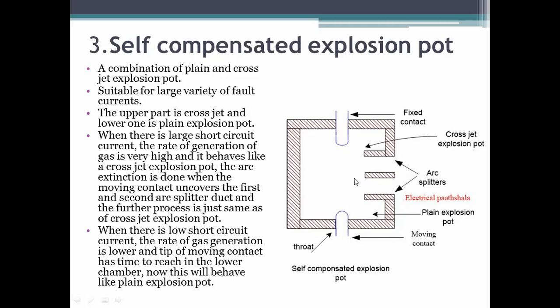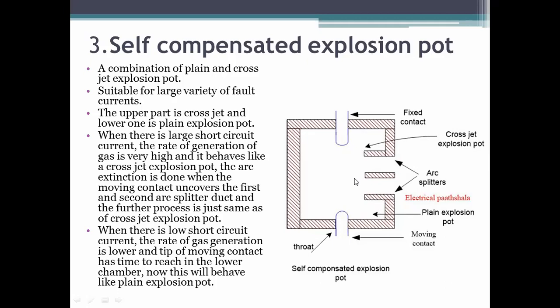When the high currents are there, the cross jet explosion pot will work. And when there is a low short circuit current, the rate of gas generation is lower, and the tip of the moving contact has time to reach the lower chamber. Means the gases produced are also low, because the arc produced by that current is also low.